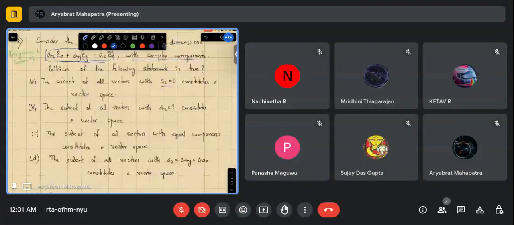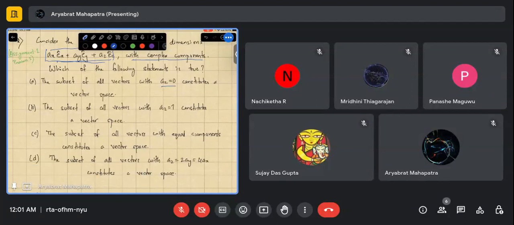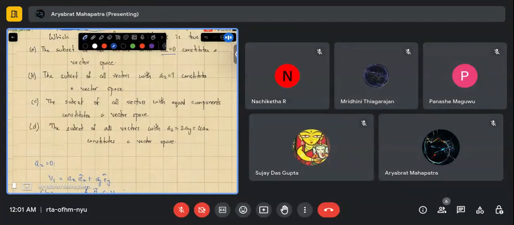So that's why you can say statement A is correct. Then statement B says the subset of all vectors with az equal to 1 constitutes a vector space. So what happens if I make the third component az equal to 1?